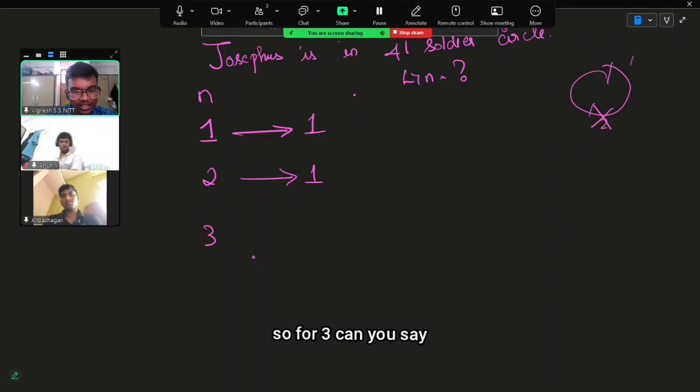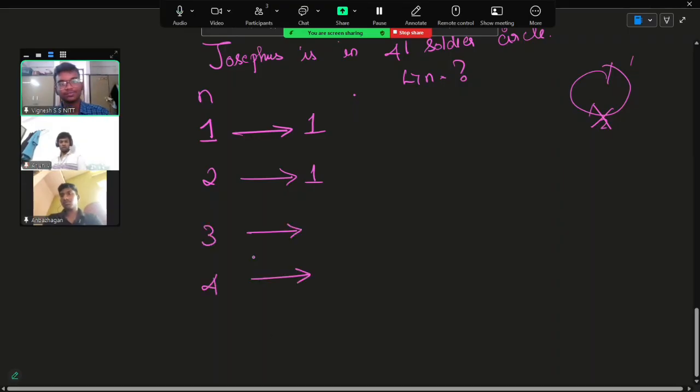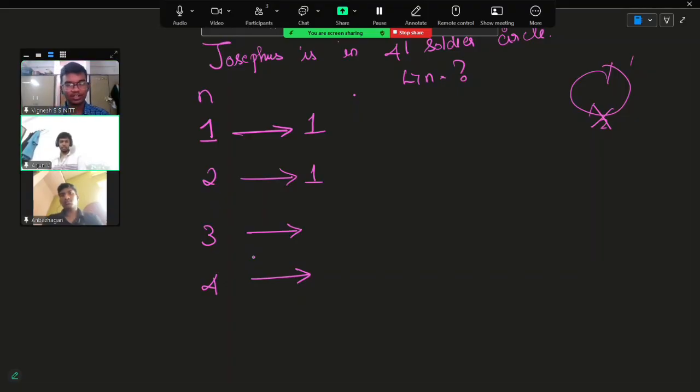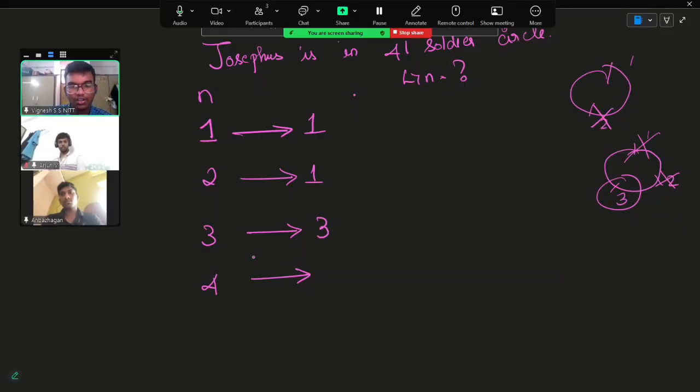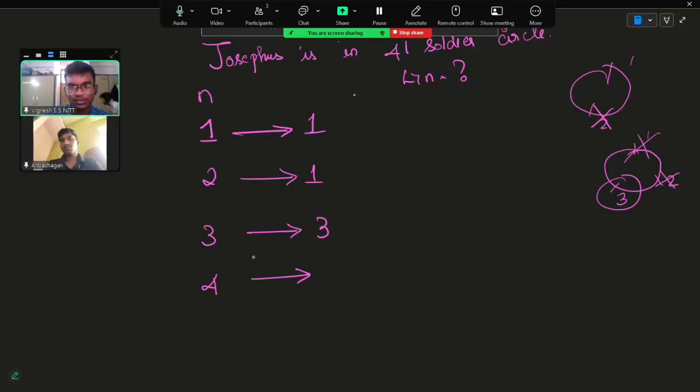Understandable, right? So for three, can you say? For three, it will be three. One kills two, three will kill one, so three is a survivor. For four, you said previously it is one, right? I am keeping that.